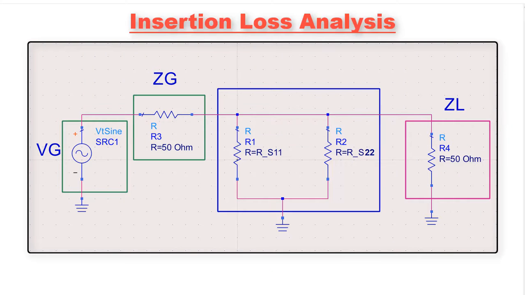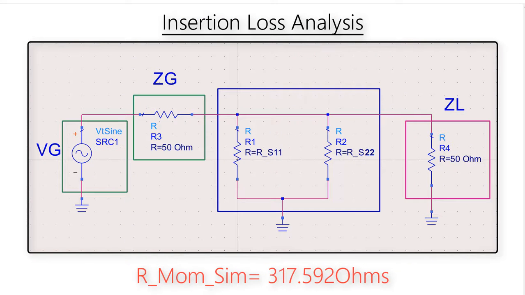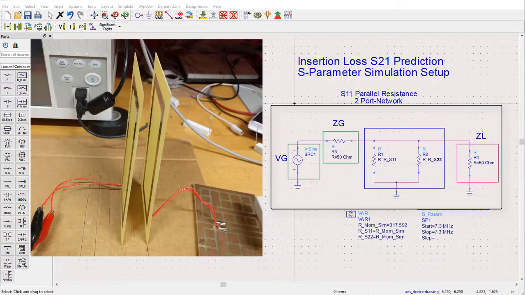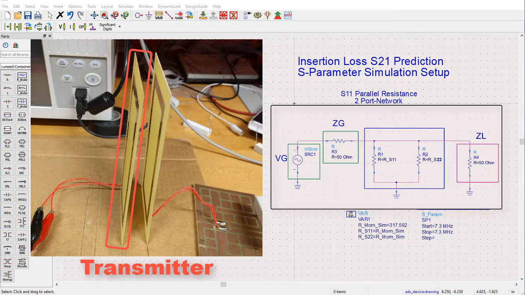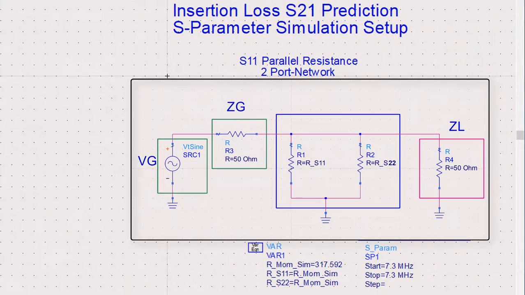Next, we do an insertion loss analysis using the peak resistance value from the graph. Since we have identical coils on the transmitting and receiving sides of the MCR coil system, both the S11 and S22 resistance values of the system are the same as the S11 Momentum simulation resistance value.